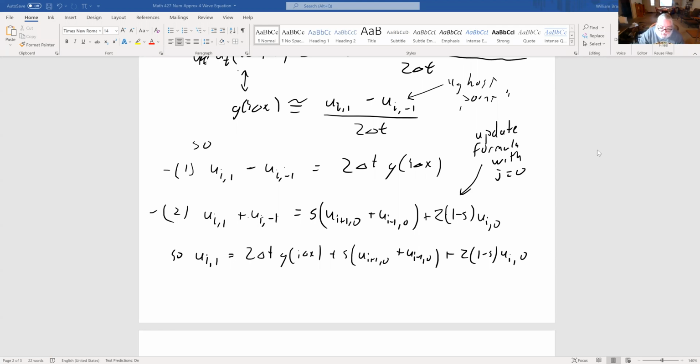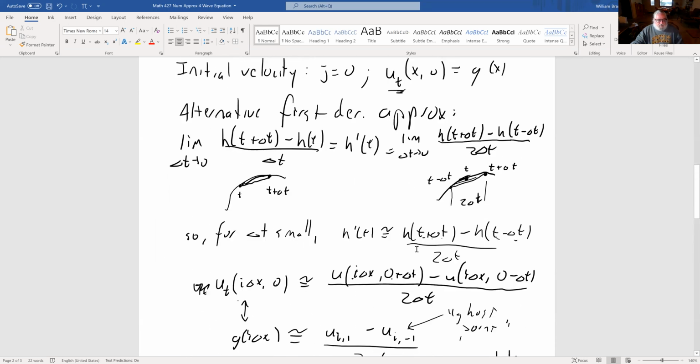So let's keep in mind that this is my initial position at I plus 1 delta x. That is my initial position at I minus 1 delta x. And this is my initial position at f of I delta x. And so that gives me my wave equation.